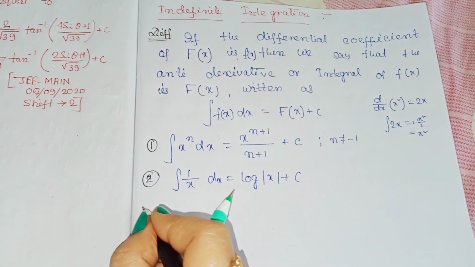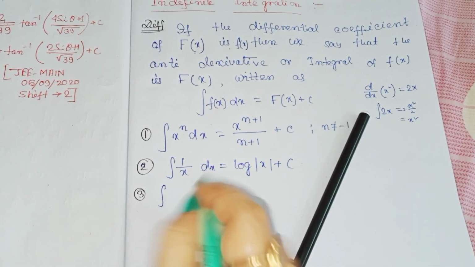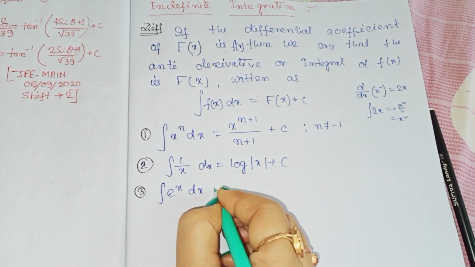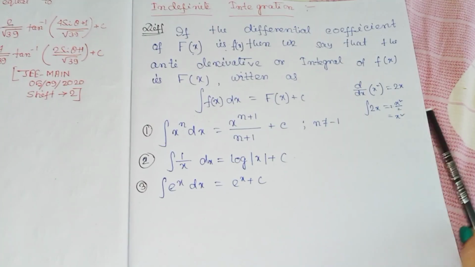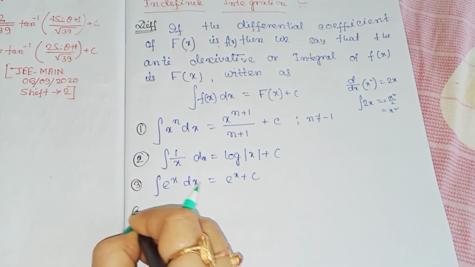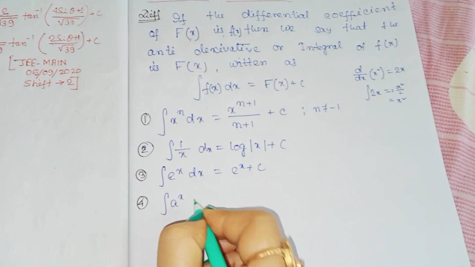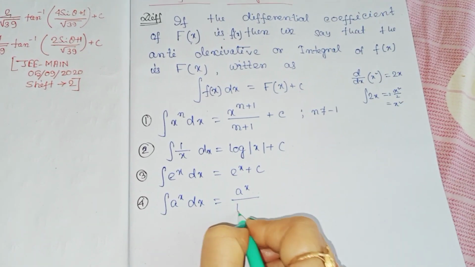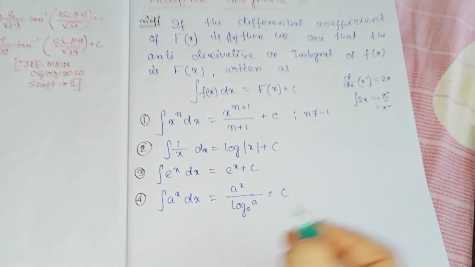Third: integration e to the power x dx is equal to e to the power x plus c. Fourth: integration a to the power x dx is equal to a to the power x times log of e base a plus c.